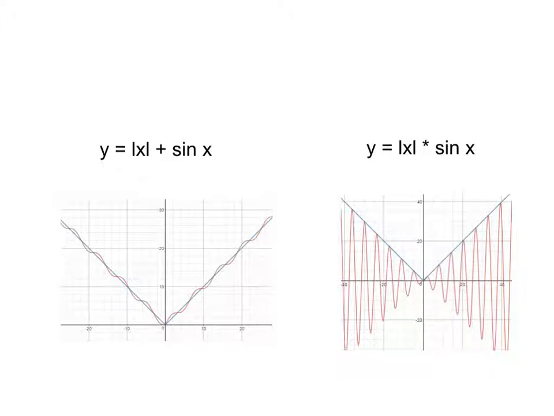When you do multiplication, this is more like your A value. It's like your amplitude, and it tells you how far to stretch your graph up and down from the equilibrium. Well, because this is not a constant, this is a variable, an absolute value function, the amount that I need to stretch my wave is going to vary.